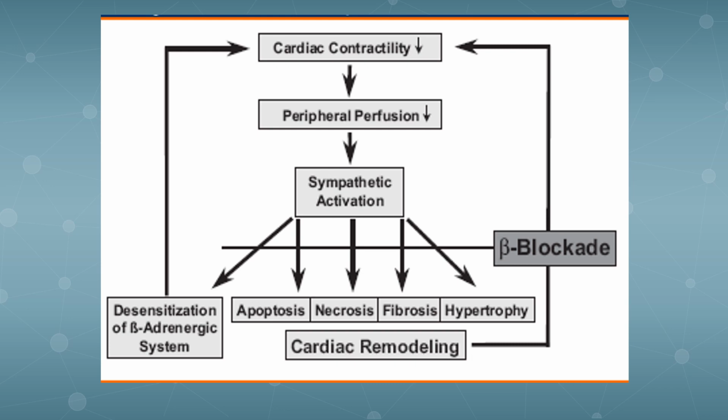Then there is apoptosis, necrosis, fibrosis. So all this cardiac remodeling starts because of the activation of the sympathetic nervous system. So cardioselective beta blockers will block all these effects of sympathetic activation. Okay, so these drugs will be helpful for the prolongation of survival of these patients.